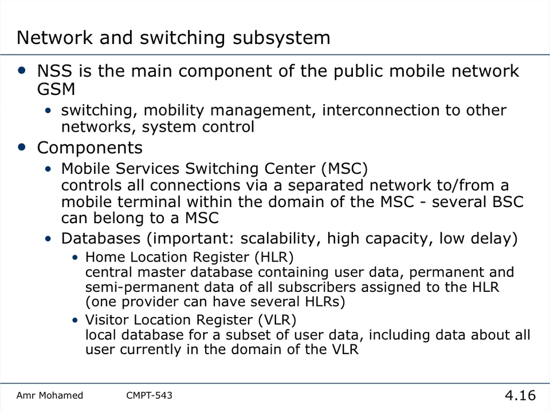The visitor location register usually stores all the temporary information about the mobile station. Okay, including not only the location area of the mobile phone, but all the temporary IDs. So from one location to another, I may have to assign a temporary ID for that mobile station in that particular location area, right? And also it has some information about the security keys or the temporary keys.